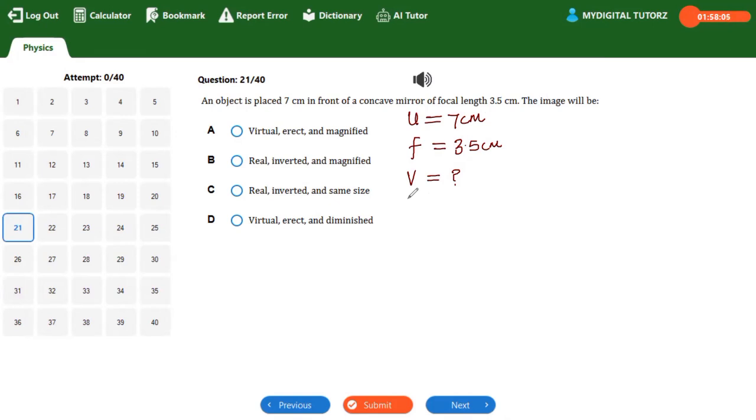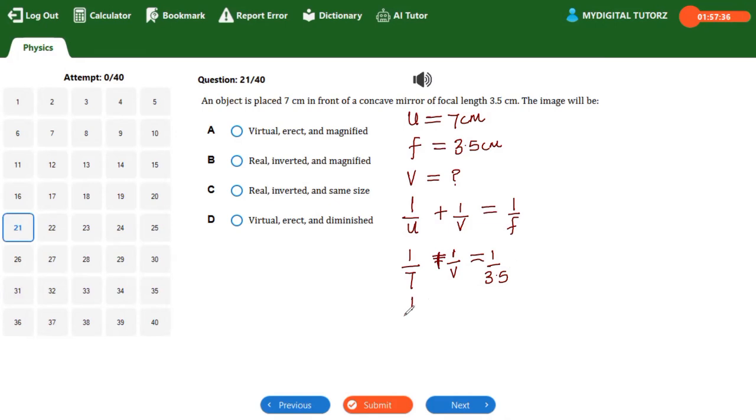So we can now use the mirror formula, 1 all over u plus 1 all over v equal to 1 all over f. So I have 1 all over u, which is 7, plus 1 over v equal to 1 all over 3.5.